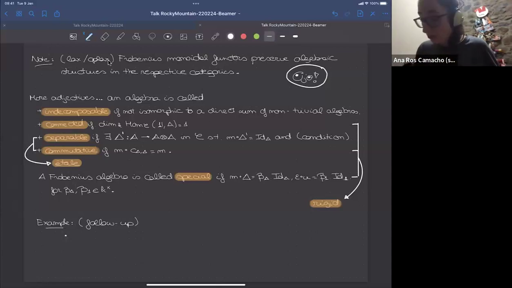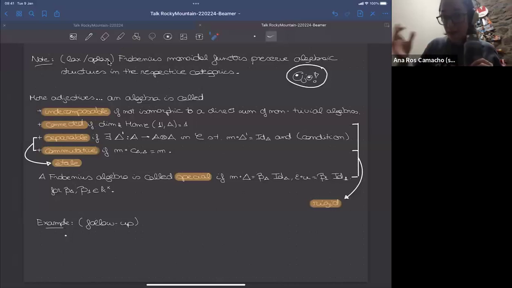Let me just refresh some adjectives that are used for algebras. Indecomposable: if you break it down into smaller pieces, it's not isomorphic to a direct sum of some non-trivial algebras. Connected: the dimension of the Hom space between the unit of the category and the algebra is just one.